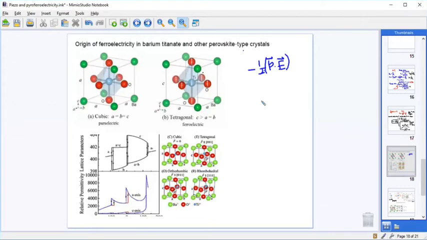To obtain approximately the transition temperature, kTc, where Tc is 1400 degrees K, this is a calculated value, and actually observed for barium titanate is of the order of 380 degrees K.